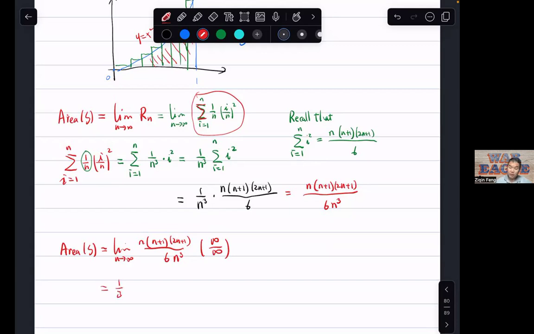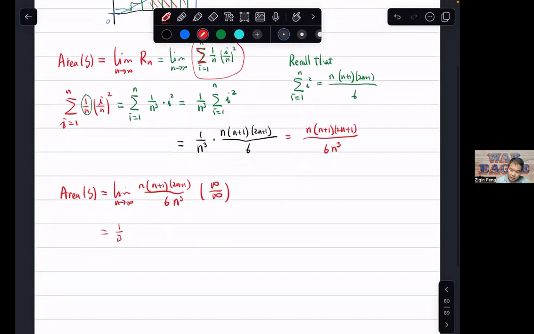Another notation for such an area is the integral, with x changing from 0 to 1, of the function x squared dx. This is how we define the integral.